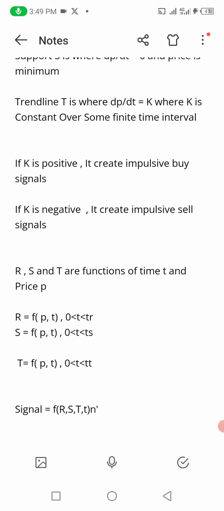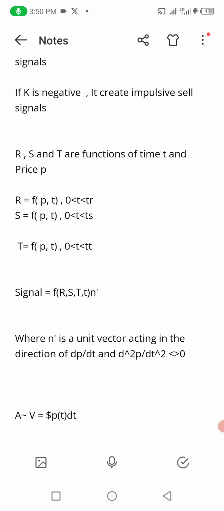Now, what is signal? Signal is f of R comma S comma T comma lowercase t, upon n. Now n is a unit vector, a directional quantity acting in the direction of the rate of change of P with respect to time, so it's acting in the direction of dP/dt. dP/dt can be positive or negative.